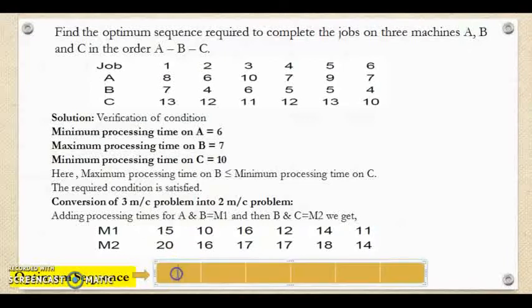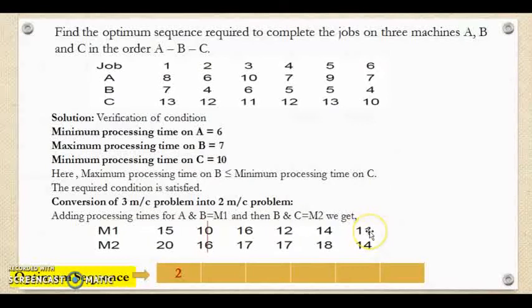So I write here 2, and I sequence this job first, and I will eliminate now the processing times of job number 2 by drawing a line here. So by drawing a line, I eliminate this from further considerations. Now if we look in the remaining processing times, the next smallest processing time is 11 for job number 6 and it lies on machine M1.